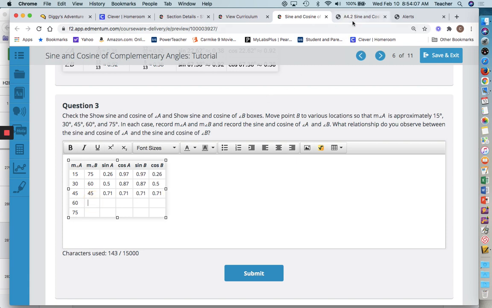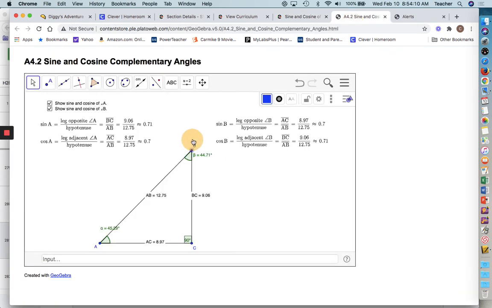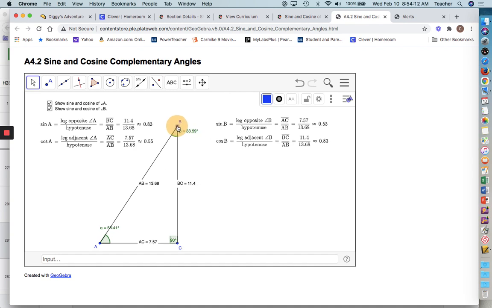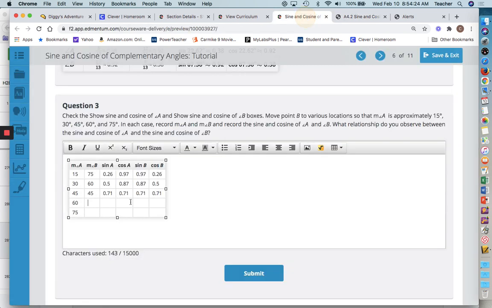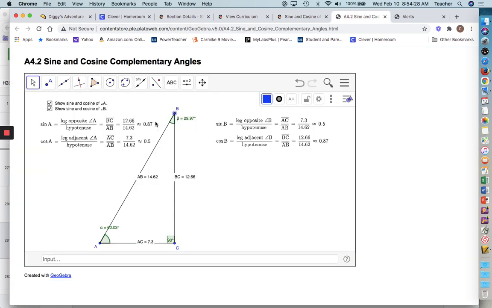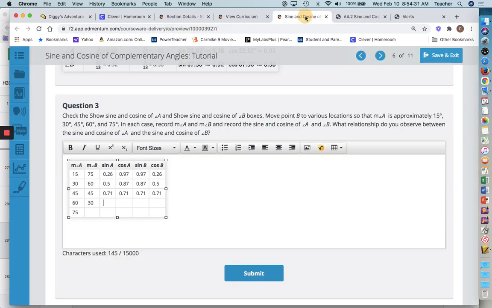All right, change it till it's 60. Oh, 60.03, pretty close. That means this one's going to be 30 because 60 and 30 make 90. I got 0.87, 0.5. And remember they switch, so it's going to be 0.5, 0.87.